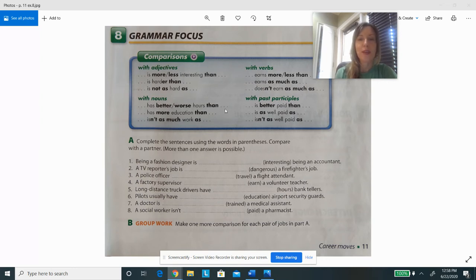However, I want to point out that when you're using as, or isn't as, or doesn't, the negative with as, what we're talking about when we use as is something equal or unequal, okay? I want to concentrate here on comparing using adjectives because that requires more explanation and a little bit of review.